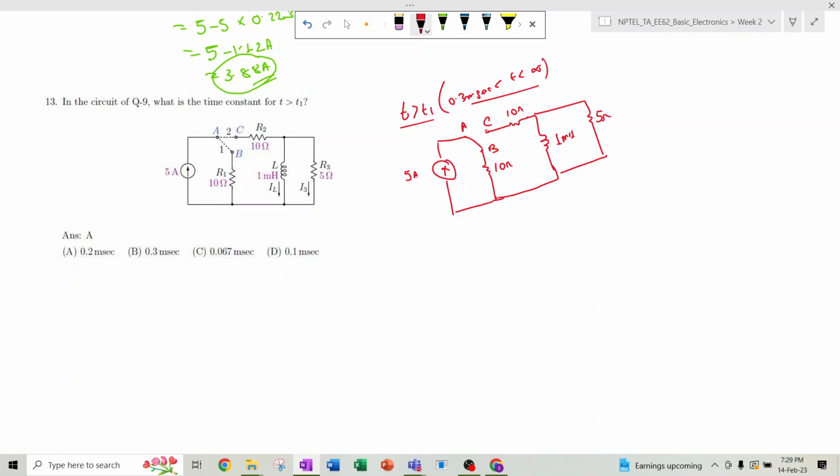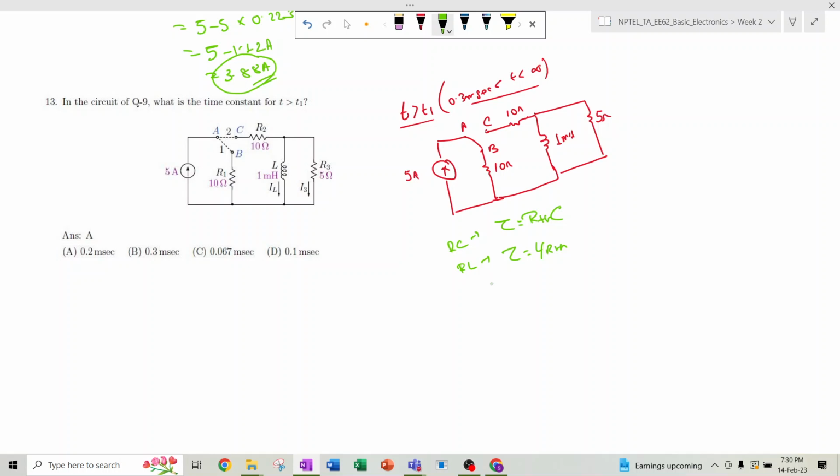So this is the equivalent circuit. Now we have to find out the time constant. As I have already discussed, the time constant for an RC circuit can be written as RTH into C, and here it is an RL circuit. For an RL circuit, time constant is written as L divided by RTH, right?